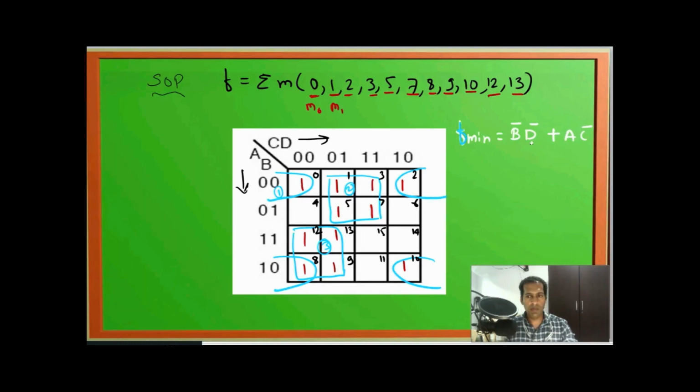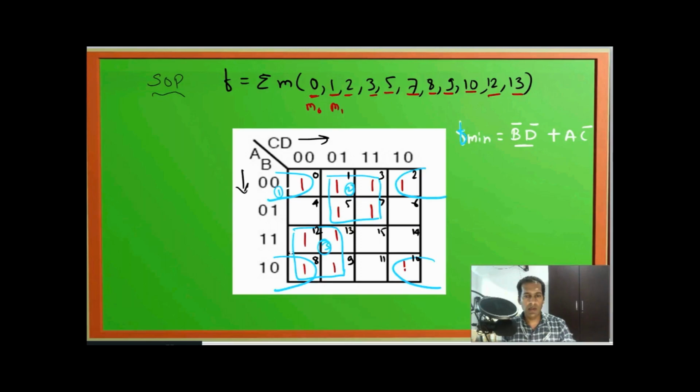B bar D bar is for the corners M0, M2, M8 and M10. Then AC bar is for M12, M13, M8 and M9.